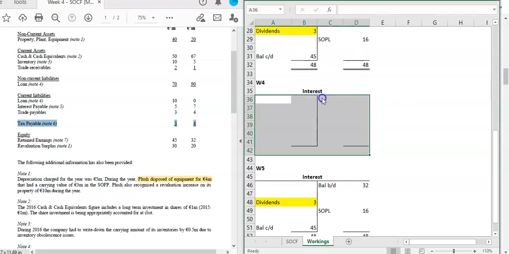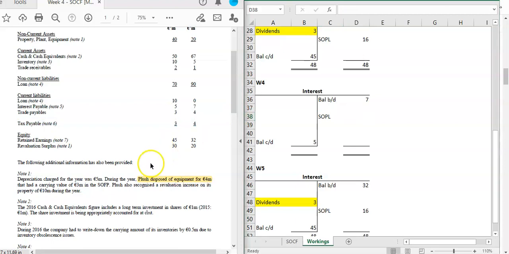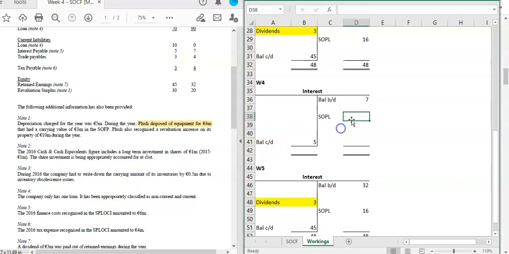So we have our balance brought down for interest payable. Interest payable at the start of the year was 7. The balance carried down at the end of the year, which is your balance brought down for next year, is 5. And we know, debit the P&L, credit interest payable, the SOPL had a charge for finance costs of 6 million. So that's your starting point.